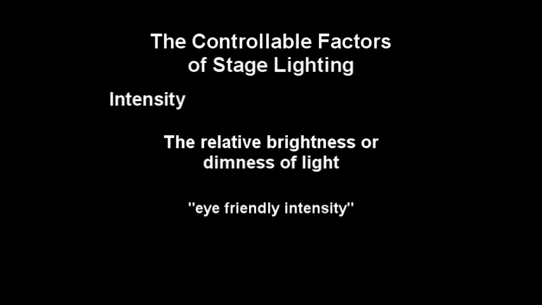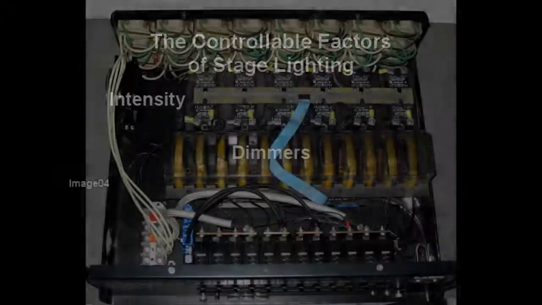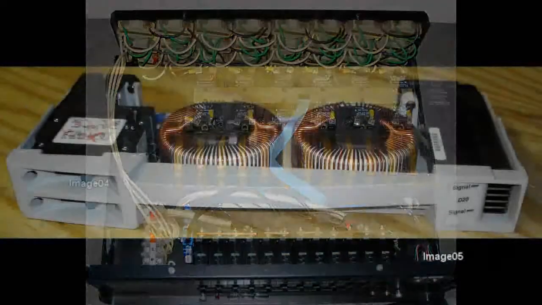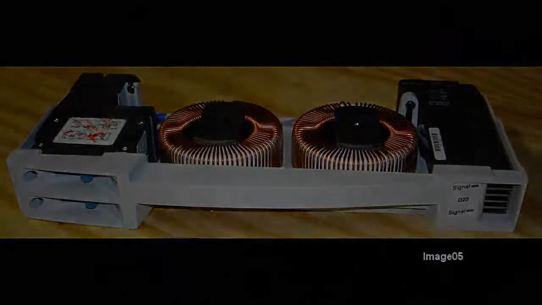In our example of the thunderstorm in the last section, the intensity of light can be brought up and down to create the illusion of a power surge. The most common way of controlling the intensity of light for a theater production is through the use of dimmers. Like the simple dimmers you may find on lamps in your home, a dimmer is used to carefully control intensity of light on stage.